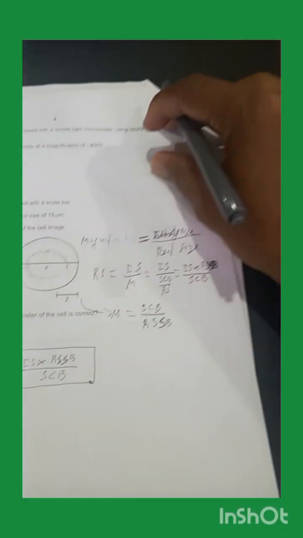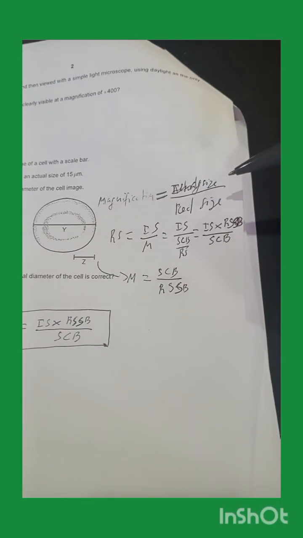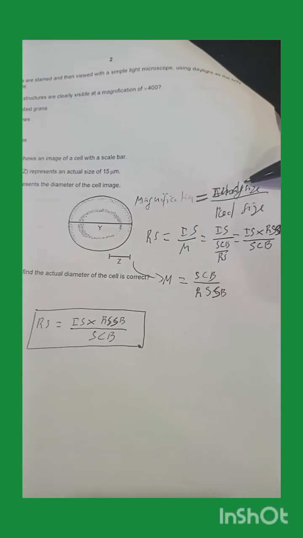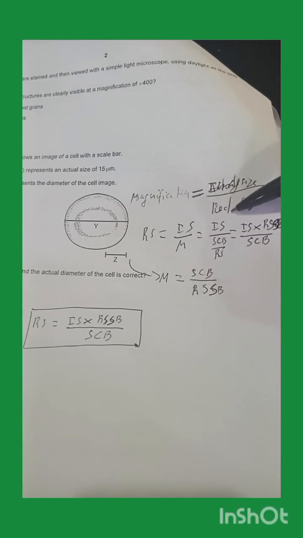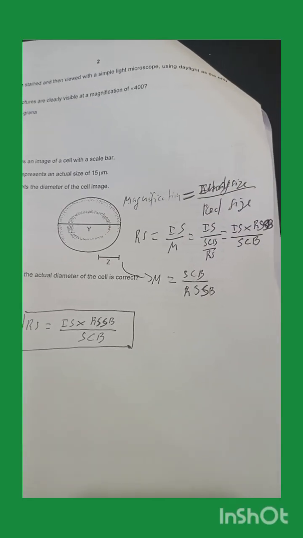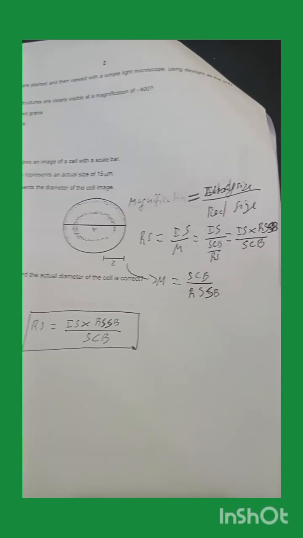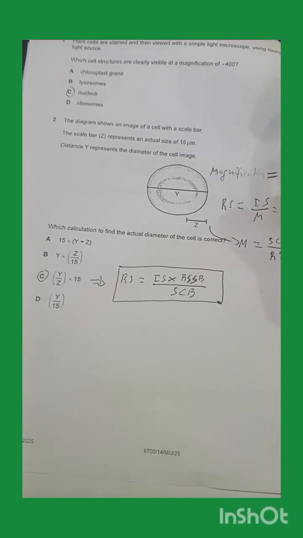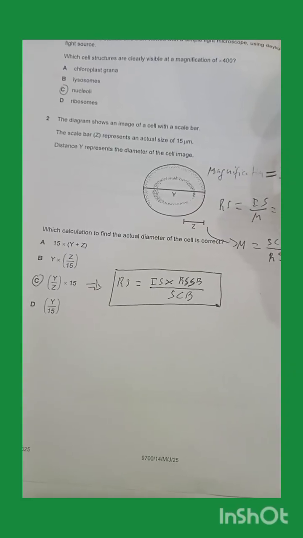So what you have to know first is magnification. Magnification is given by image size over real size. Real size is actual size. You have to know that, right? You also have to know that if you want to get real size, because the question here is which calculation to find the actual diameter of the cell is correct.